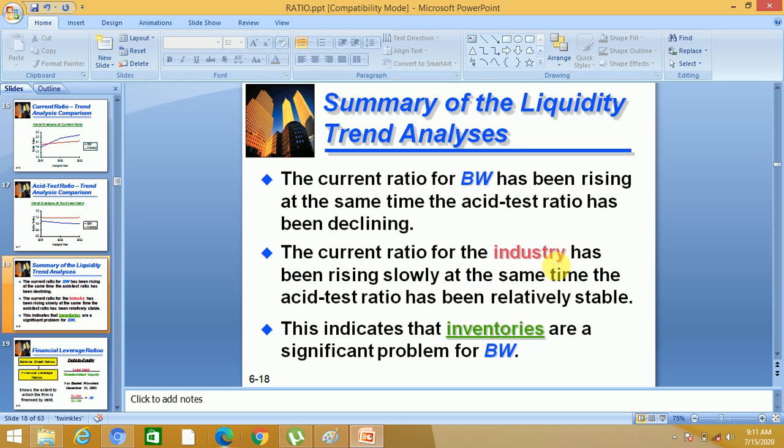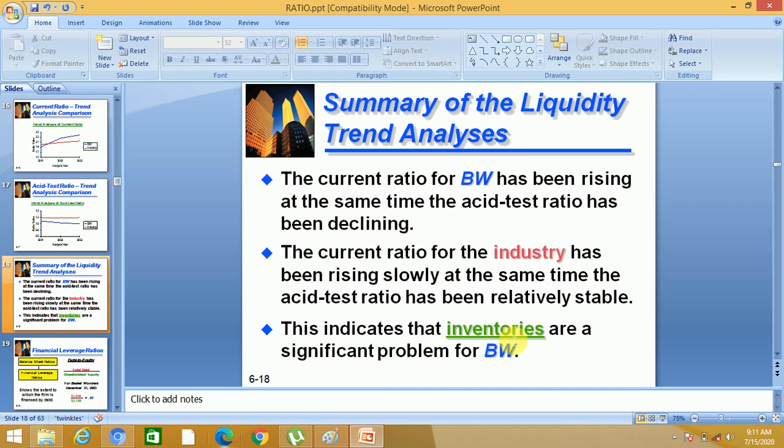The current ratio for the industry has been rising slowly, at the same time the asset test ratio has been relatively stable. The industry's current ratio is also rising, but the asset test ratio is stable. But our quick ratio, our asset test ratio, is coming down.